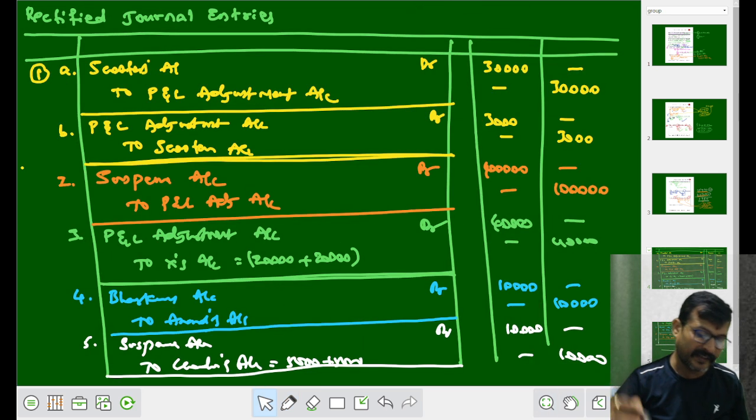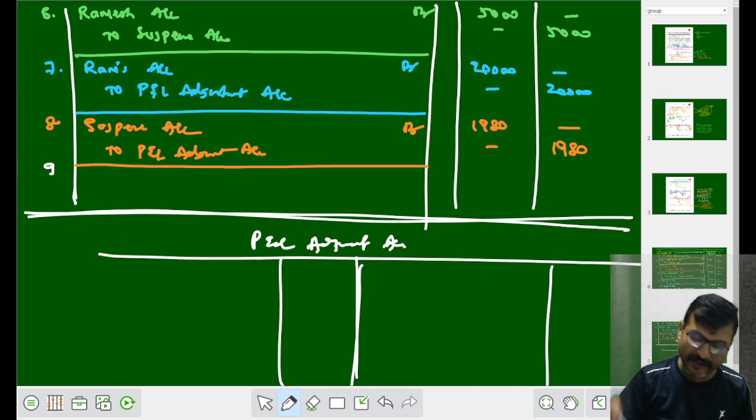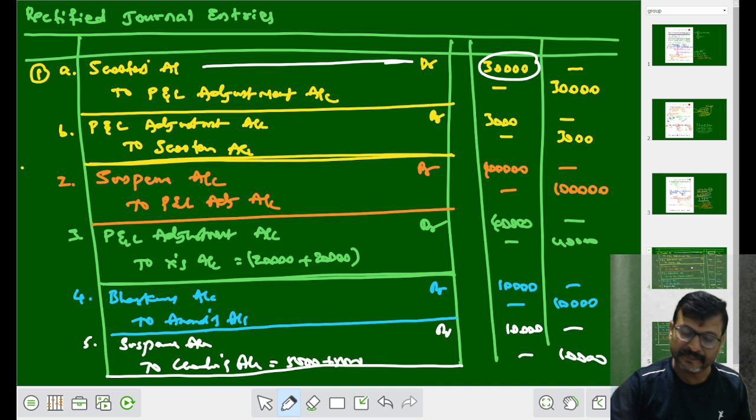See, in the first entry what happened? Scooter to P&L adjustment. Since the scooter is in the debit of journal, it goes to the credit side of ledger. What we have to write? By scooter's account, rupees 30,000. Fine. Second one, P&L adjustment to scooter.